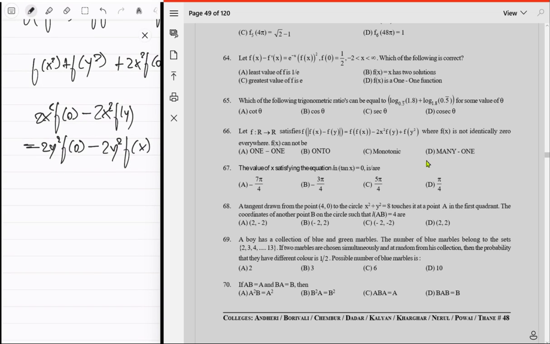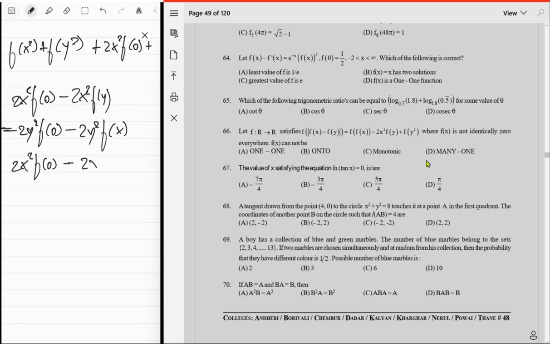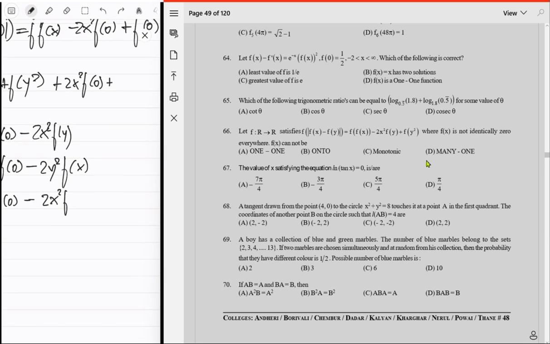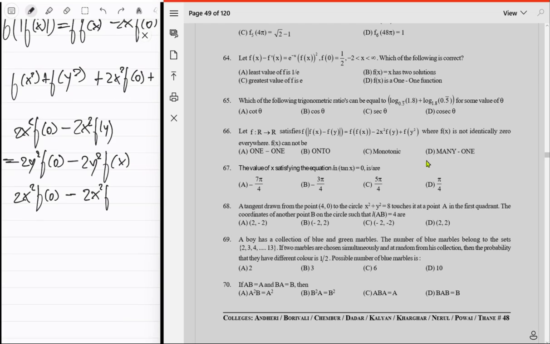Oh, interesting. But then, just put y as a constant. Ah, right. Just put y equal to 1. Just get this thing, 2x square f of 0 minus 2x square f of, or just put y equal to 0. Okay, that won't help. Wait, what was this? How is that happening?